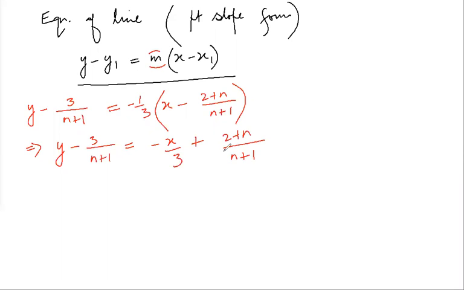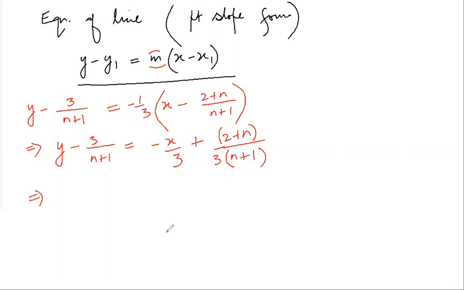No, it will be 3 into this item. Y minus 3 divided by n plus 1 is equal to minus x by 3 minus 1 by 3 into minus is plus 2 plus n divided by 3 into n plus 1. Is it right, students?